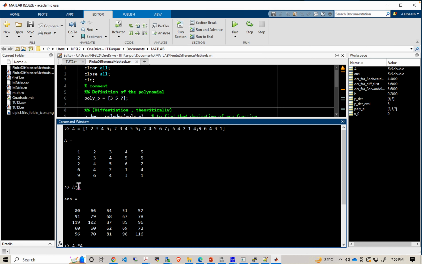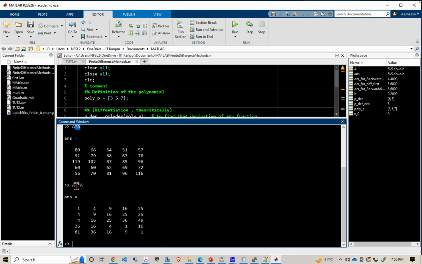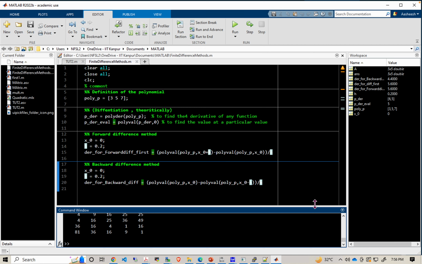So there are two types of multiplication: star and dot star. This is a very useful feature of MATLAB. You can multiply element by element and you can multiply matrices. Both are there in MATLAB. You just need to put a dot if you want to multiply element by element.